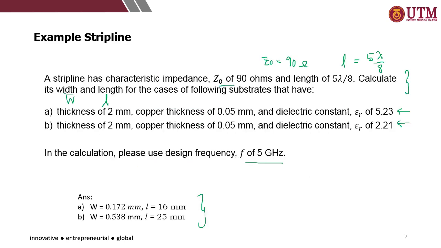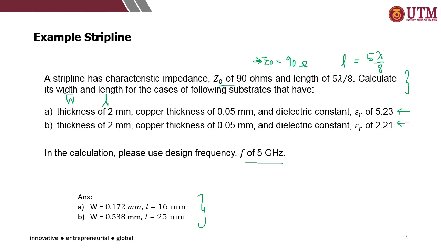Okay, let's look at an example of a strip line. A strip line has characteristic impedance of Z0 equal to 90 ohm and a length of 5 lambda over 8. Calculate the width and the length for the case of the following substrates. These are the general criteria of the strip line.